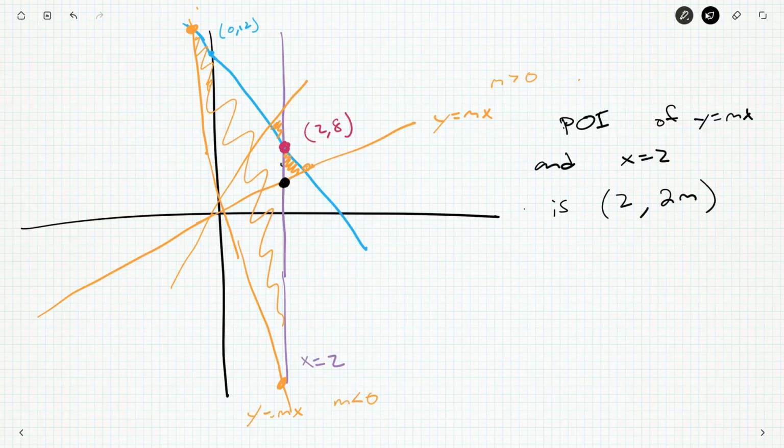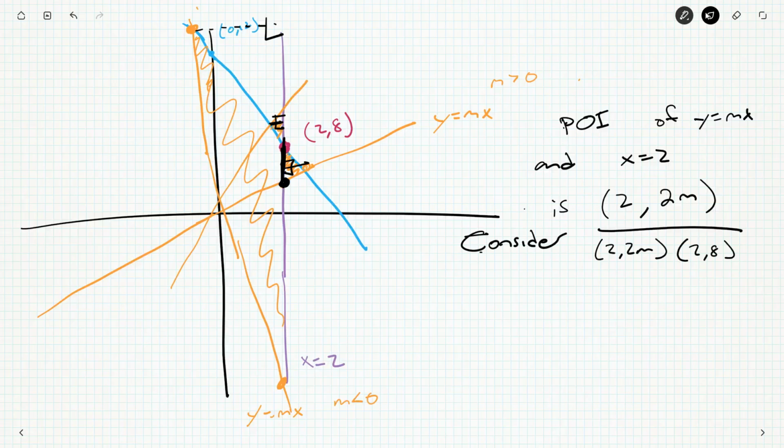But the fact that we've got this nice vertical line means that we can get heights here very quickly. So consider (2, 2m) to (2, 8), the base of the triangle.